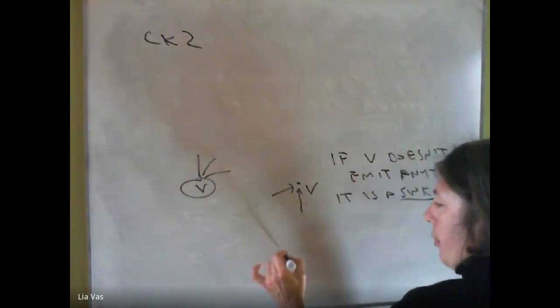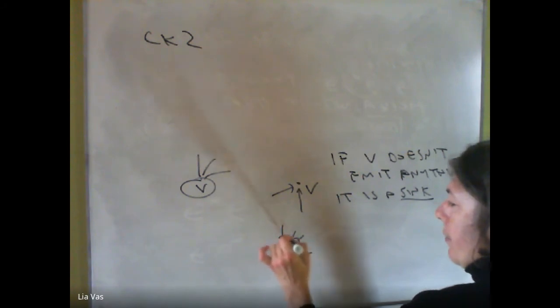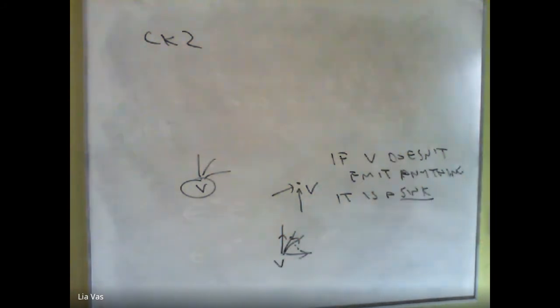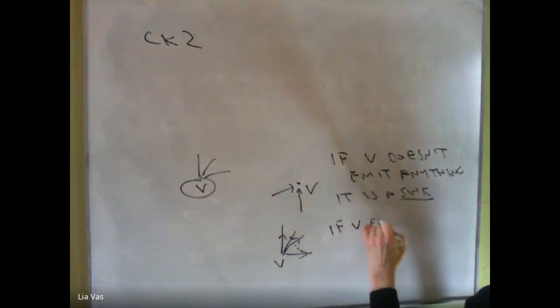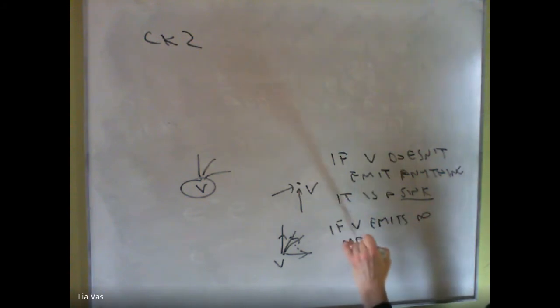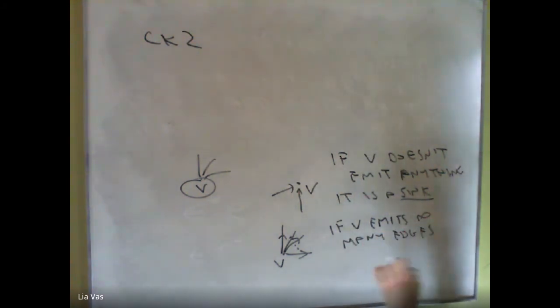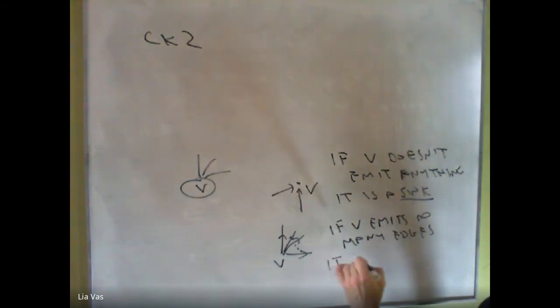Okay, another type of case that we are not going to be interested at is vertex that emits infinitely many things. So if V emits infinitely many edges, we are going to call it infinite emitter.